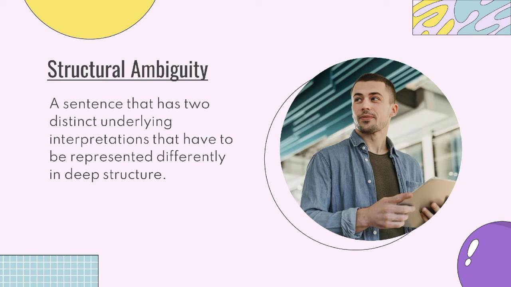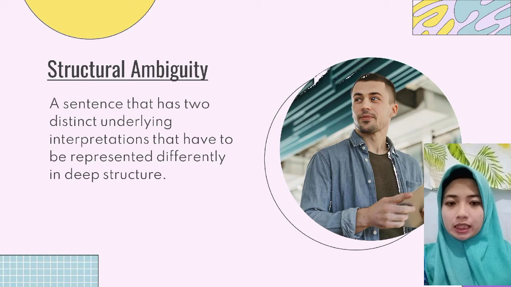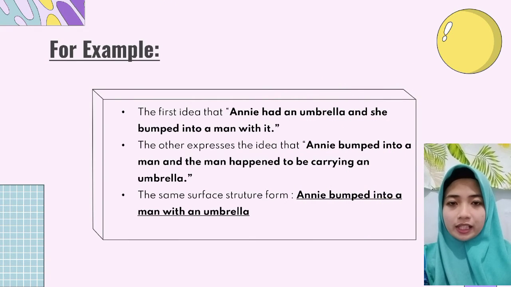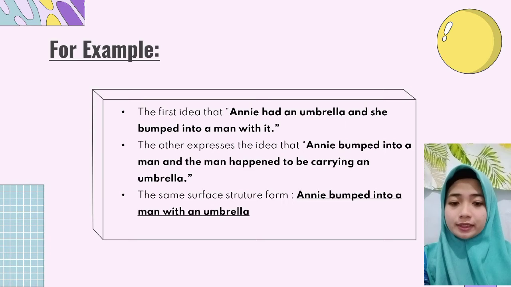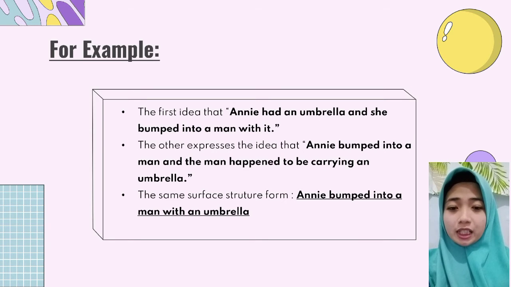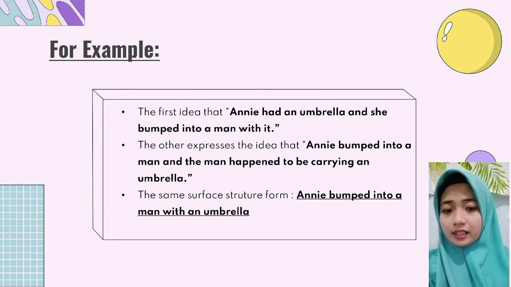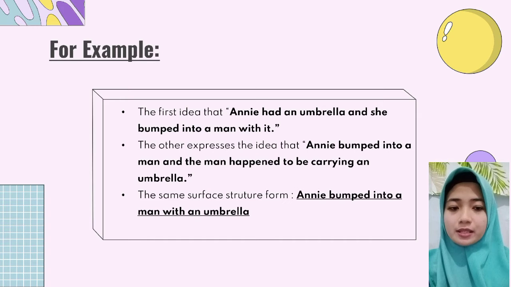And the third topic is structural ambiguity. This is a sentence that has two distinct underlying interpretations that have to be represented differently in deep structure. The example is, let's say we have two distinct deep structures. One expresses the idea that Annie had an umbrella and she bumped into a man with it.